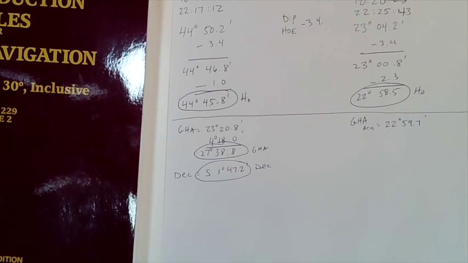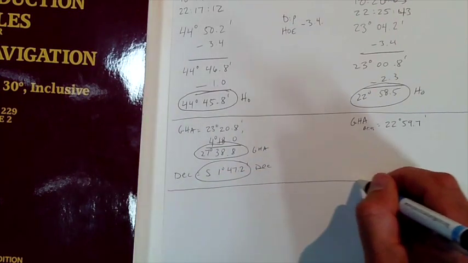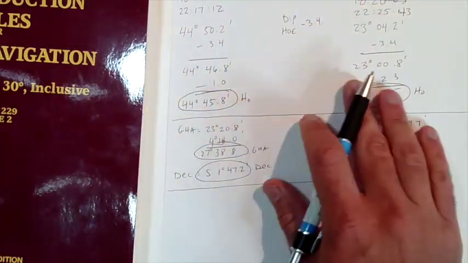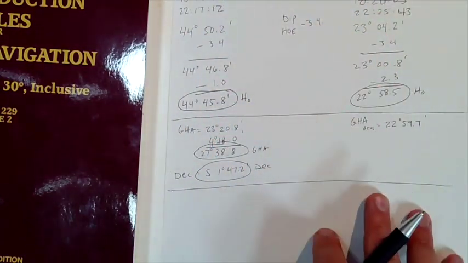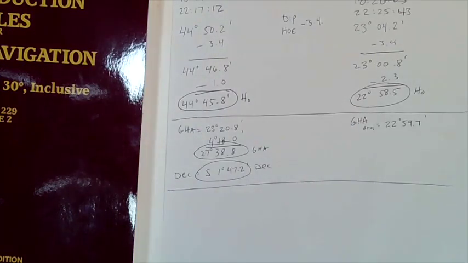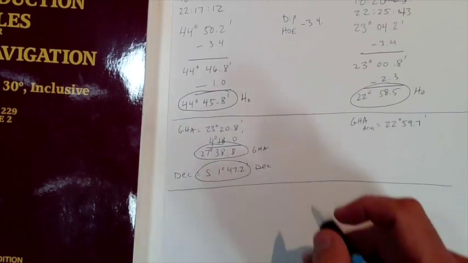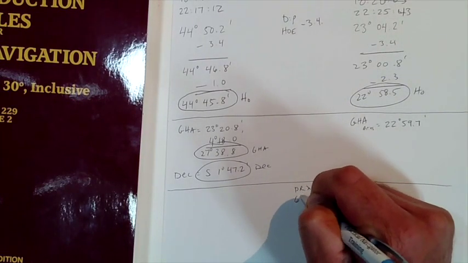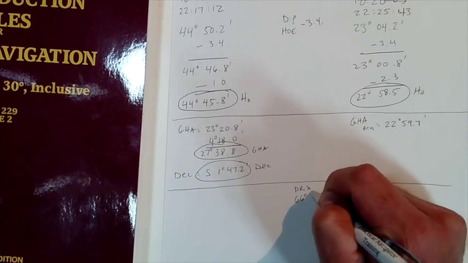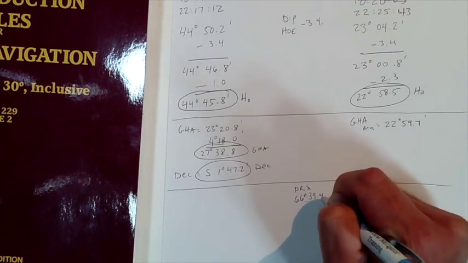So the next step in the process, that's kind of step 2. Step 1 was shooting and correcting. Step 2 is finding the object. Step 3 is kind of building a celestial triangle. In the case of Jupiter, for Polaris, we don't have to do as much for that. But what we want to do is note that our dead reckoning longitude was 66 degrees 39.4 minutes west.